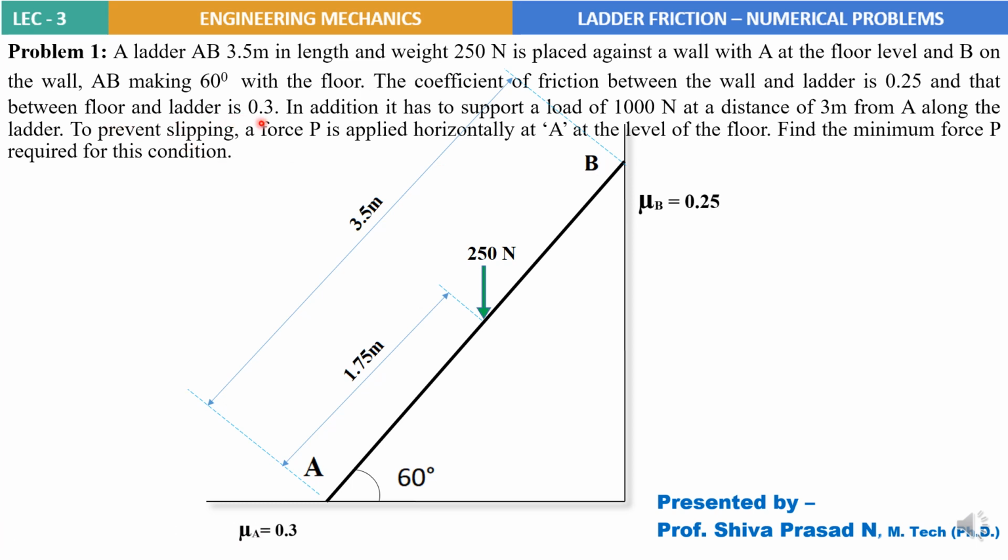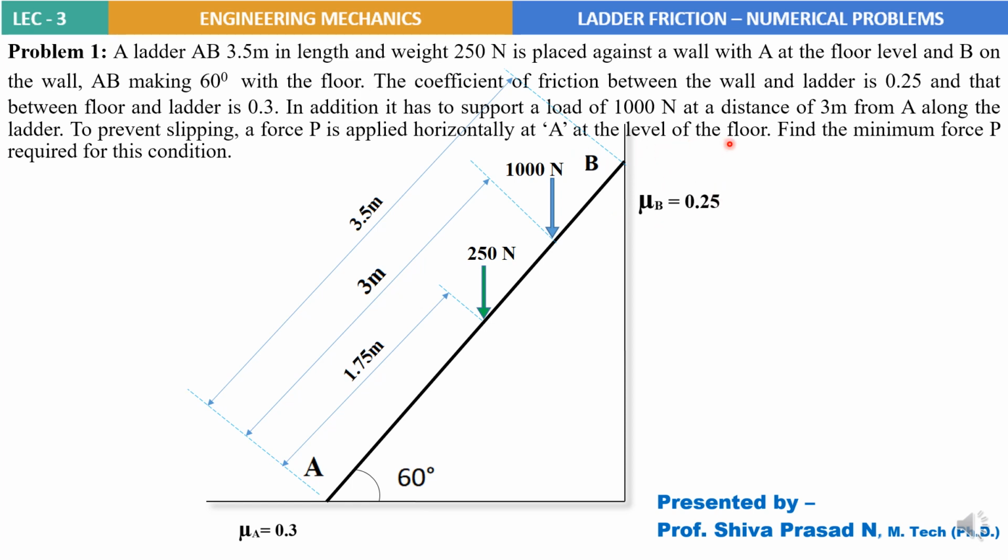So between the floor and the ladder the coefficient of friction is given to be 0.3. In addition to it, it has to support a load of 1000 Newton at a distance of 3 meter from A. Let us say we have to apply an external load, so that is 1000 Newton. So this is how we draw the sketch based on the given information.